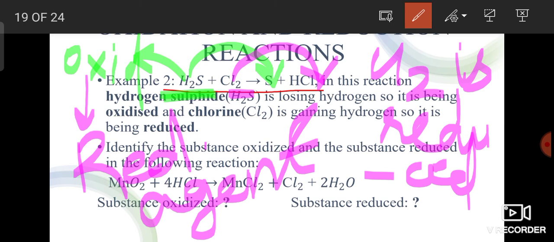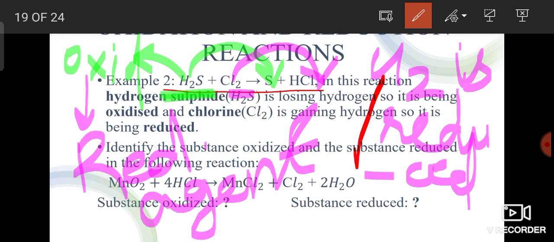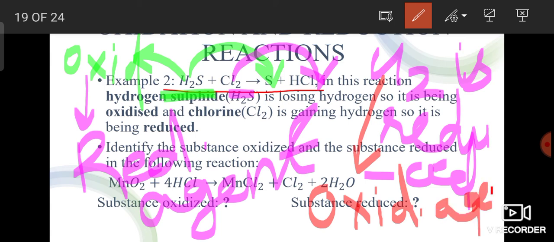And the substance which is getting reduced, this chlorine, will be your oxidizing agent. This is actually a shortcut method of understanding, okay. So the substance which itself is getting reduced is the oxidizing agent, and the substance which itself gets oxidized is the reducing agent, okay. Got it?